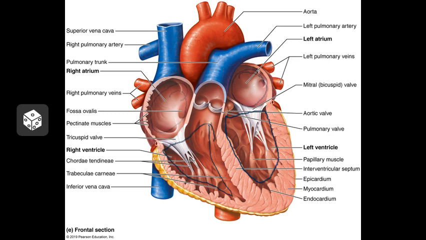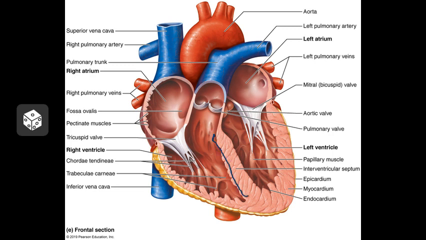So what is the division between the atria called? What do you think would separate the two atria? It's not on this picture. So how would we figure out what it's called? Perhaps we can take a look at the division between the ventricles.